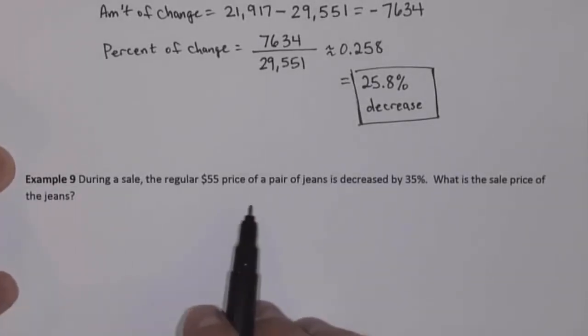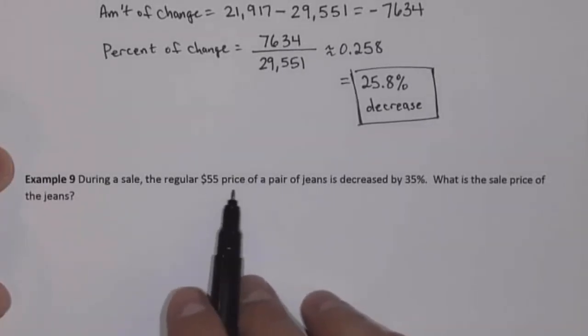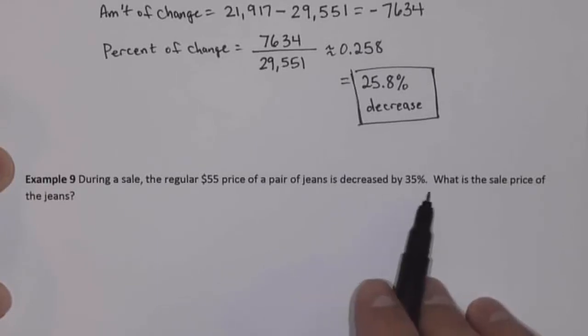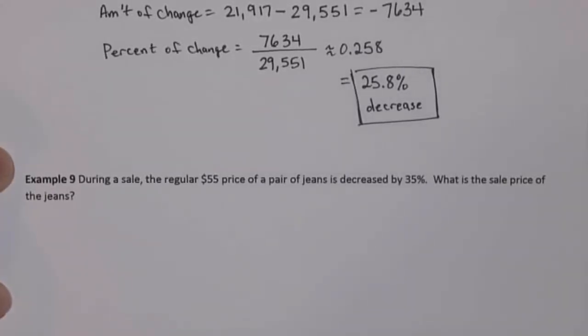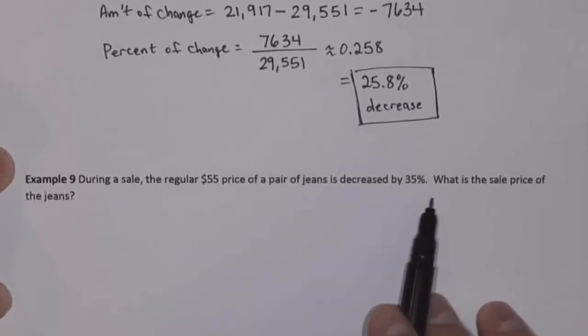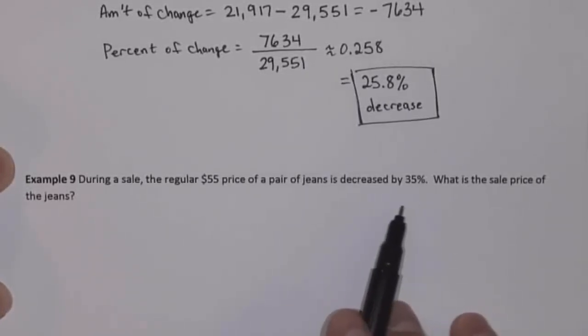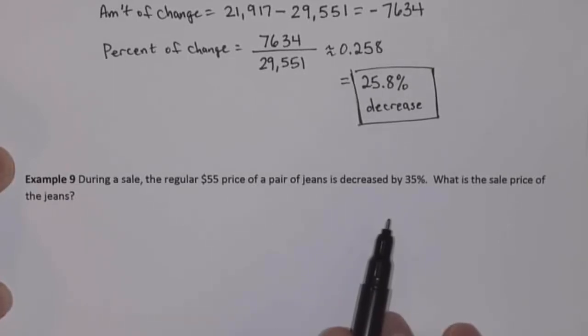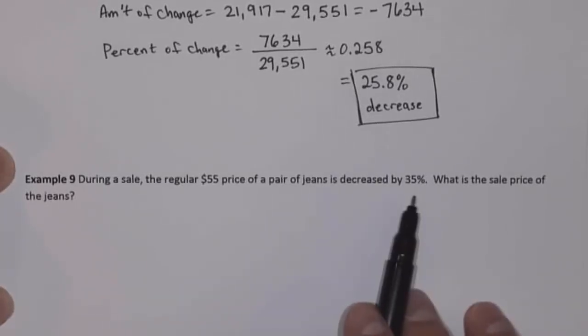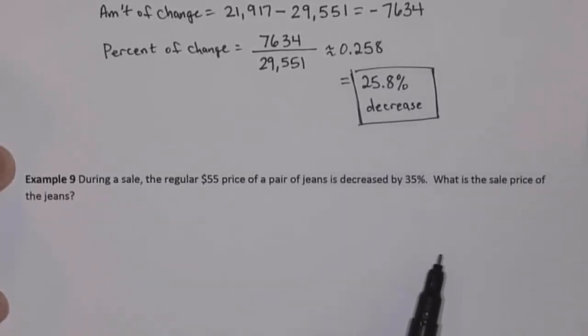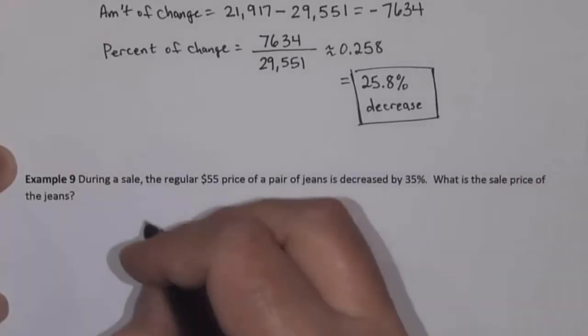Well, in this particular case, we have our original price, our base price, and that price is decreased by 35%. So what we're going to do in this problem is find the amount of decrease, the same way that we did previously with the percent equations. And then once we know the amount of decrease, we can subtract that to get the sale price.